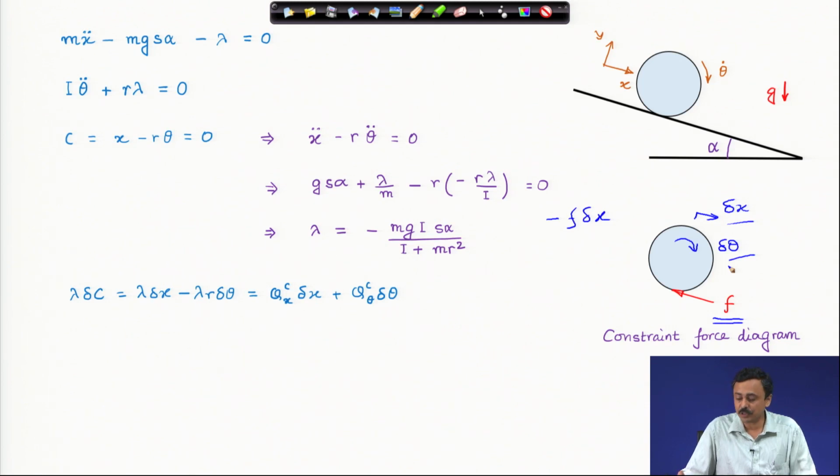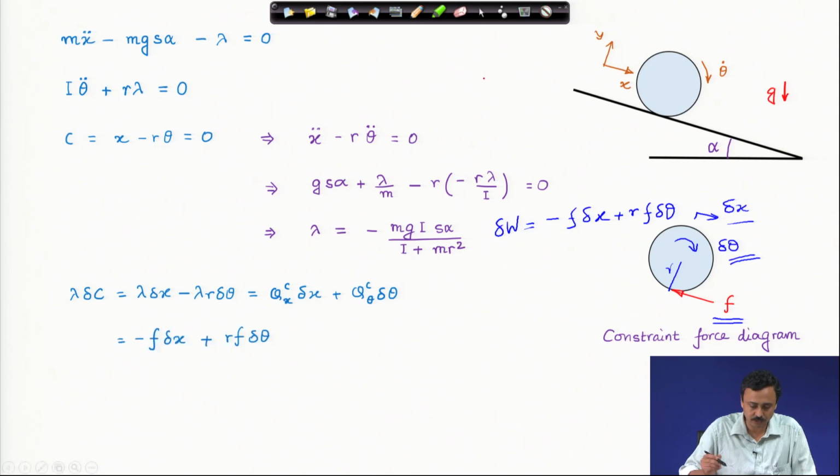Therefore, to have dimensions of work, I must have a moment because of this force. How do I find out the moment? I take the arm and find out the moment. So, r times F, times delta theta, and you note that the moment and the variational displacement delta theta are in the same direction. Therefore, the work done must be positive, and that must be the complete virtual work done by the constraint forces.